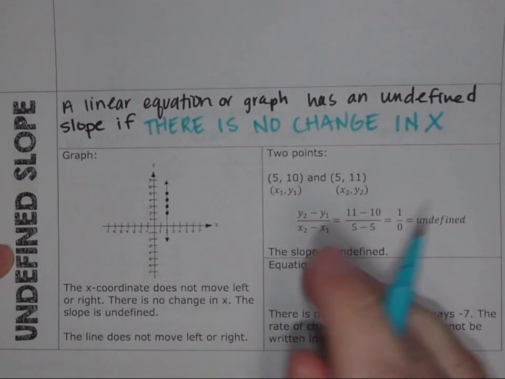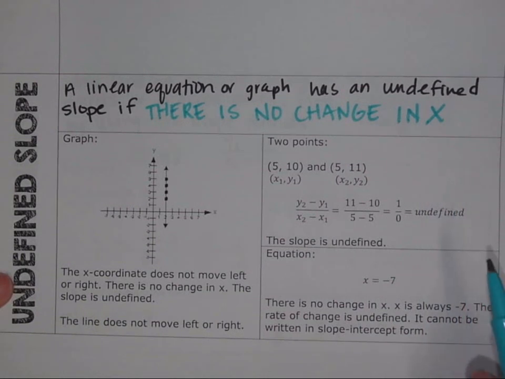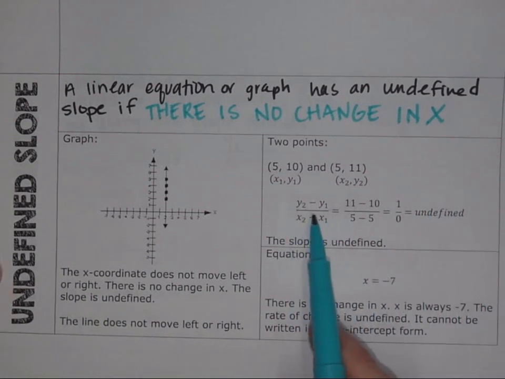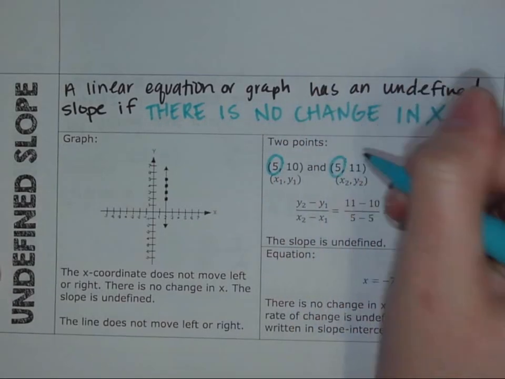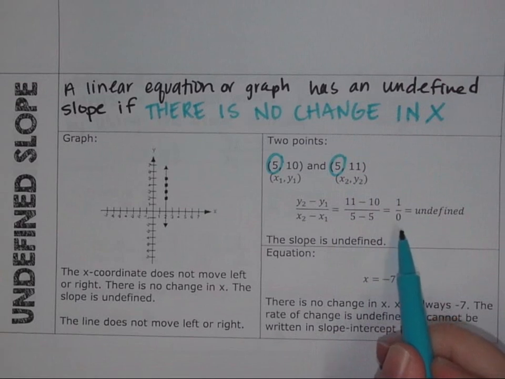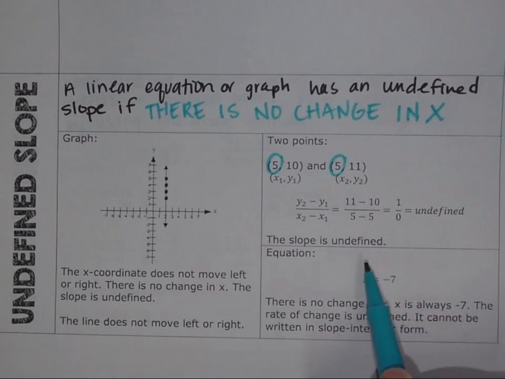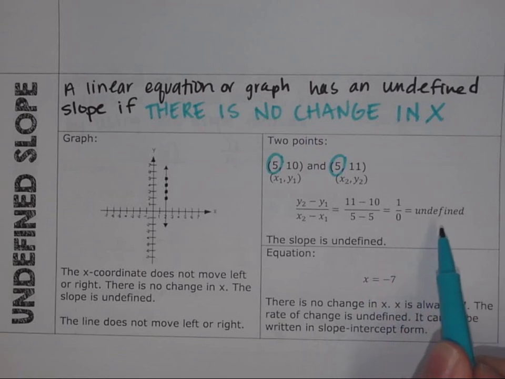And what we're talking about here in this problem is because with the slope formula being change in y over change in x, if x stays the same, then my denominator ends up being 0. And if you asked Alexa or Siri or Google Home, can you divide something by 0? No, that means it's undefined.